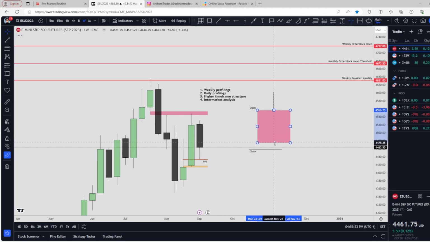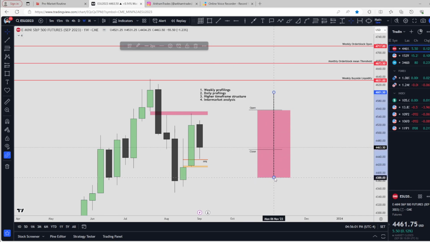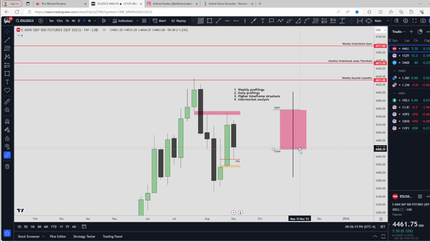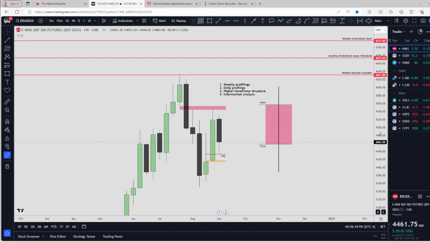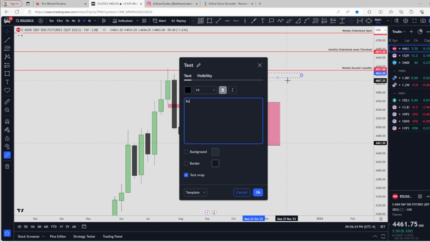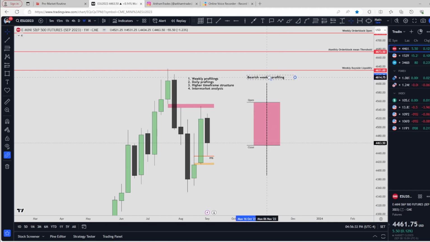Let's say price drops all the way down here, then you extend this wick all the way down. And then price comes back up right here. Somewhat resembles this, right? This is a bearish weekly profiling. This is bearish.